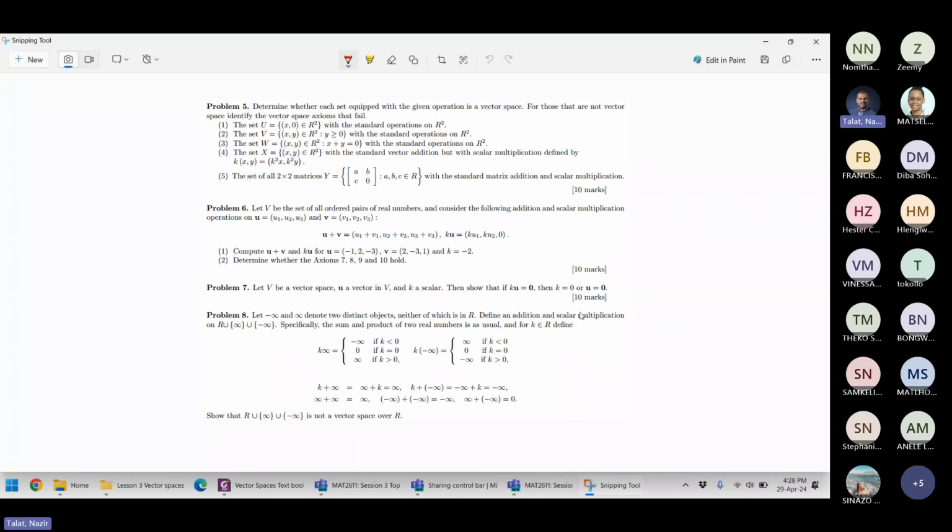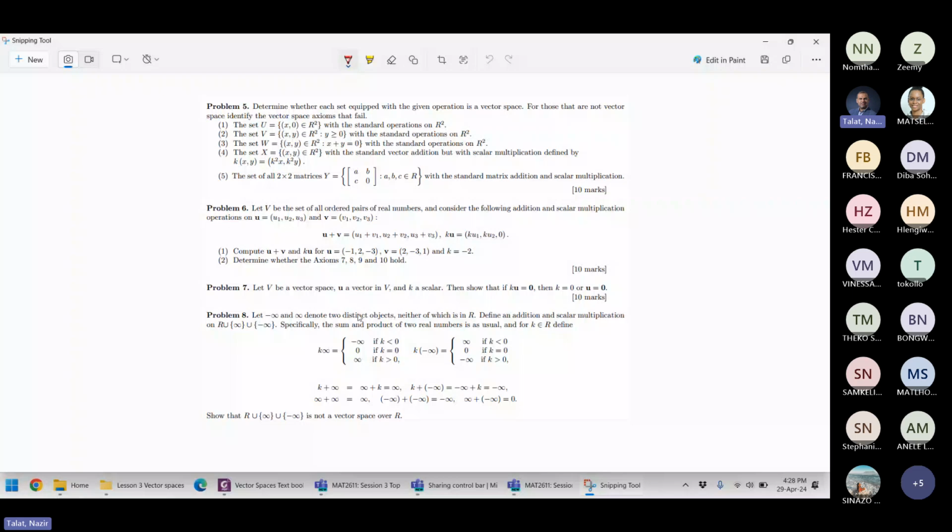And the next important thing is that we have the two numbers minus infinity and infinity, and R is the set of real numbers. If we add these two numbers, minus infinity and plus infinity, to R, then it becomes a bigger set.